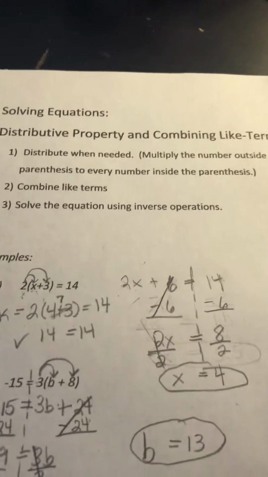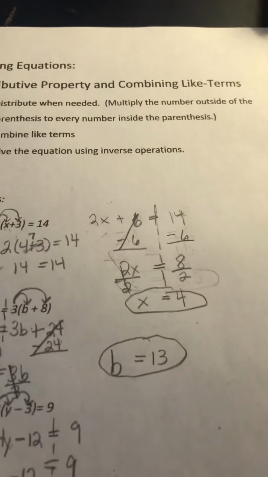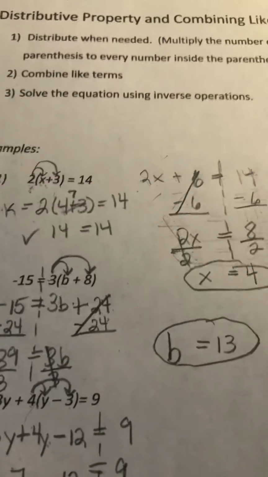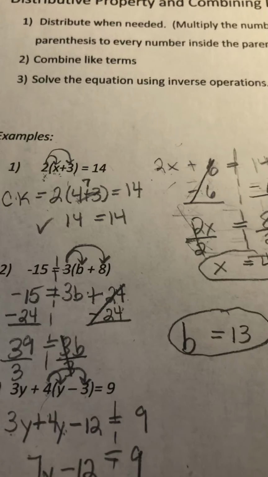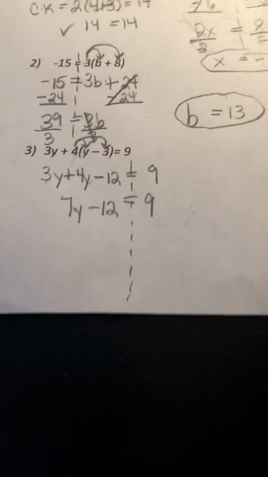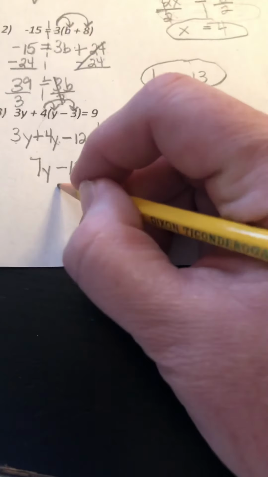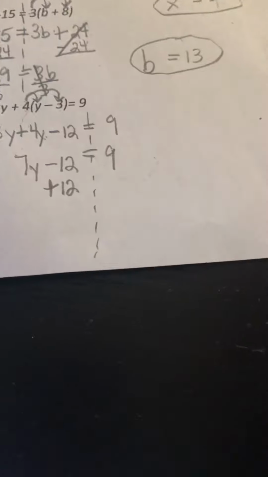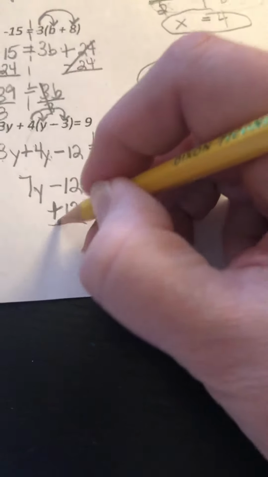So let's go back up to the steps. I distribute it. I made sure I multiplied everything on the outside to everything on the inside. I combine my like terms. I now have to solve the equation using inverse operations. So I first have to add 12, because a minus 12 and an add 12 are going to cancel each other out.